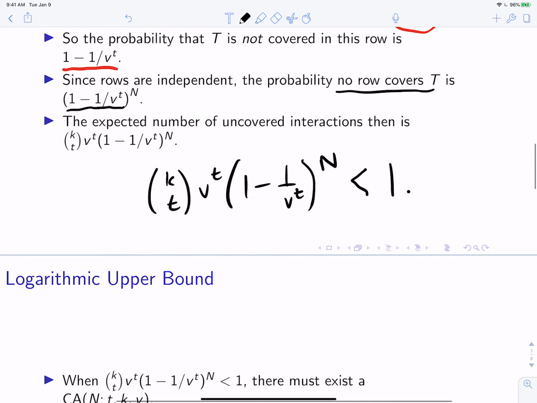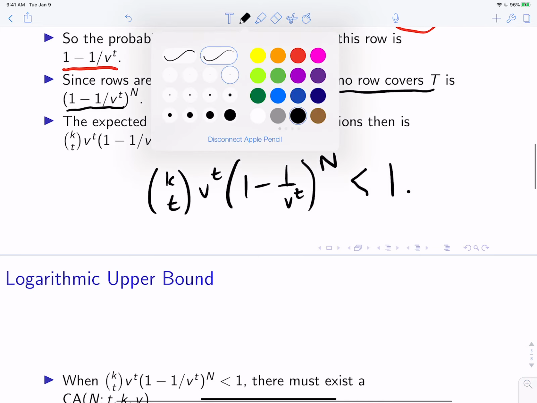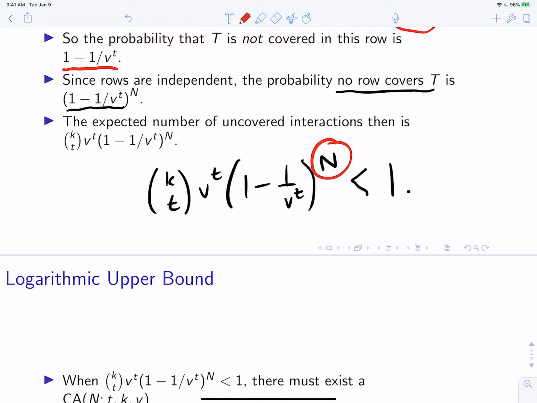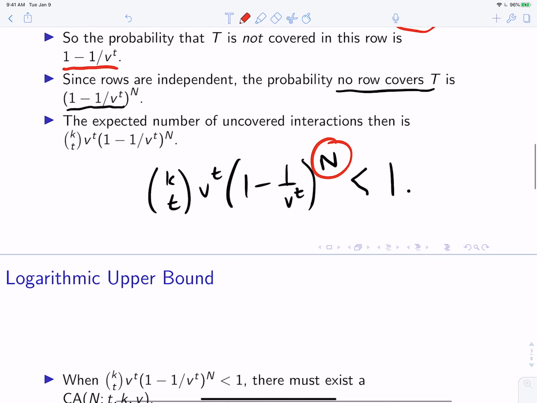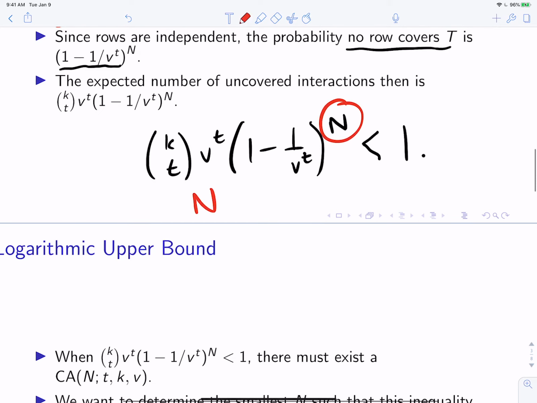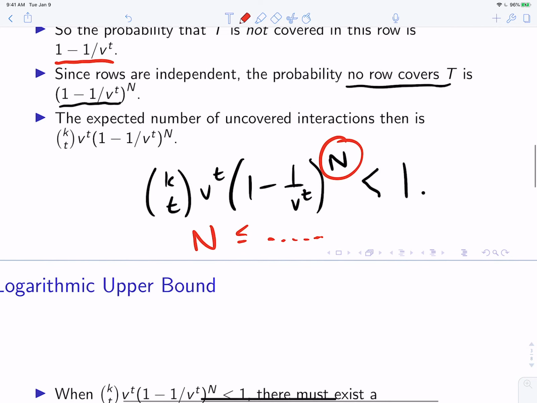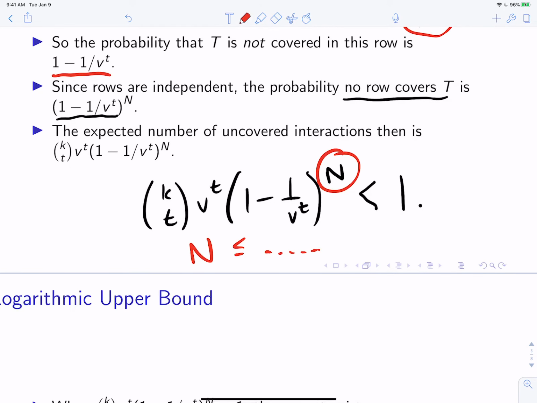So we'll note here, the n is in the exponent, right? So the n's is upstairs. What we would want is n is less than or equal to something. So if I say that n is less than or equal to something, then the smallest number of rows possible must be at most the thing on the right-hand side, whatever that is.